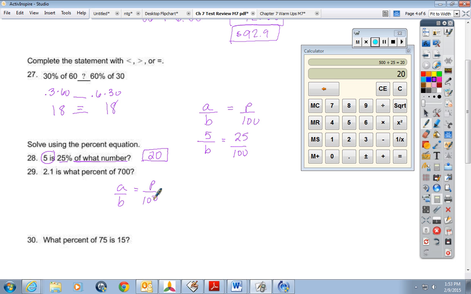Correct, because is over of. So when I find my answer, I have to write it using a what? A percent sign. So I'm going to take 2.1 times 100, and then I'm going to divide by 700. So I get 0.3%.